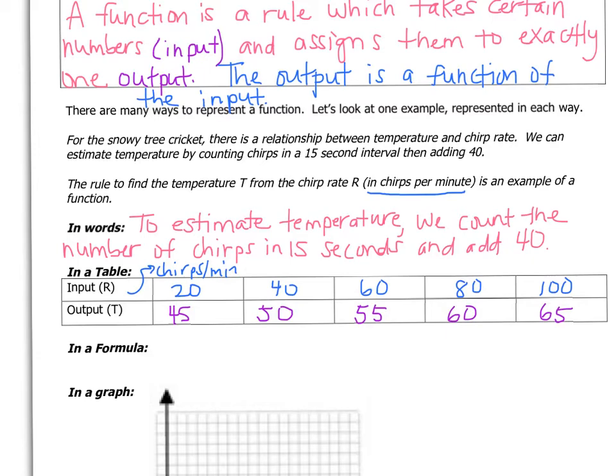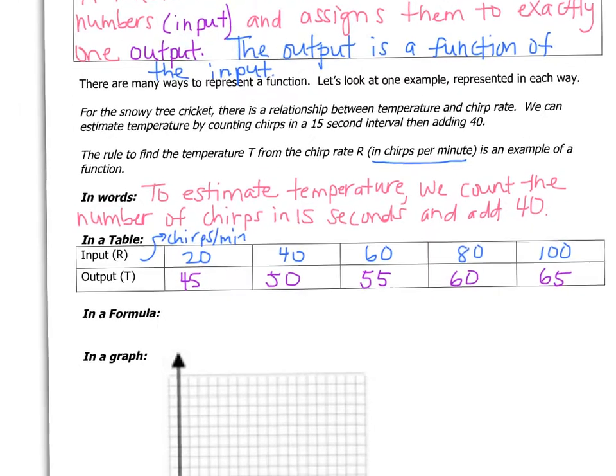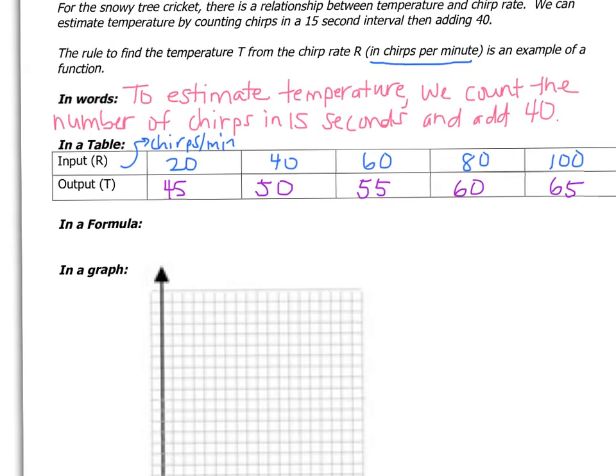All right, the next way that we can write or represent a function is in a formula. So far we've written it in words, we've written it in a table, now we need it in a formula. So let's start with our output. T equals chirps in 15 seconds.